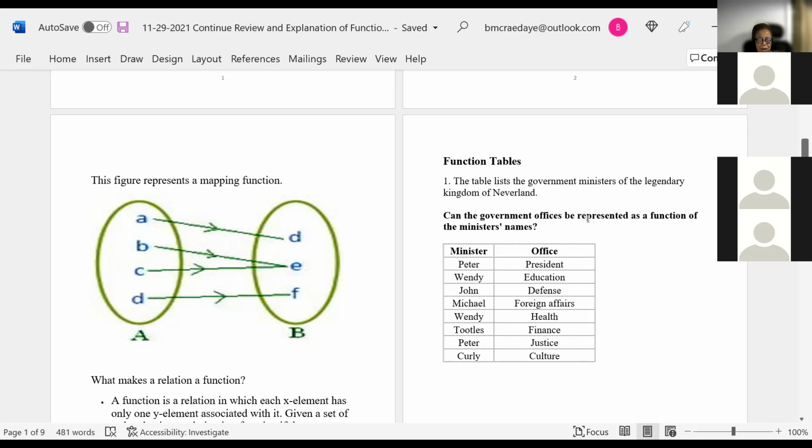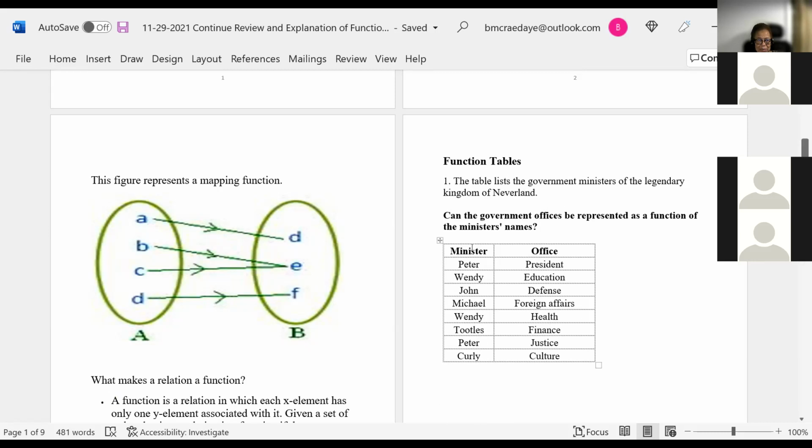Can the government offices be represented as a function of the minister's name? Now, just call this X and call this Y, okay? Wherever you see a duplicate, then it must map to the same office. So, where do you see a duplicate, Audrey?